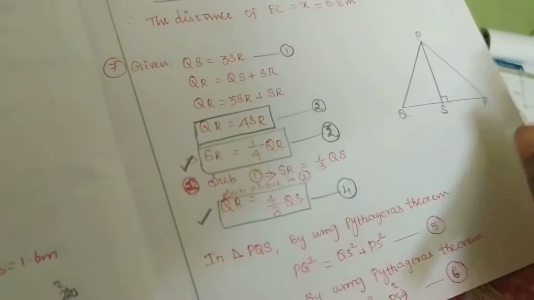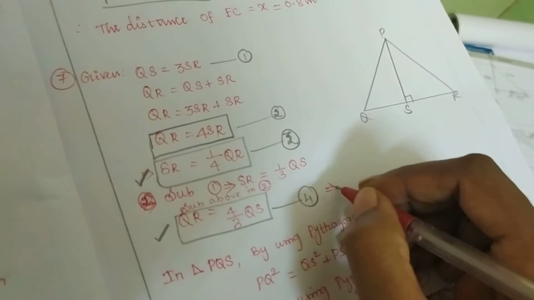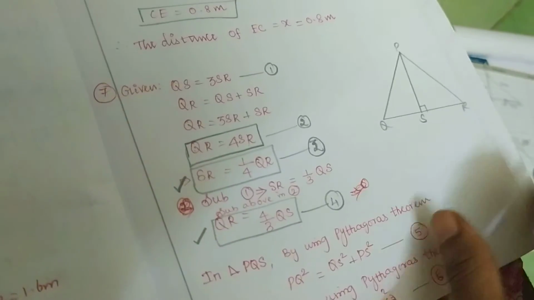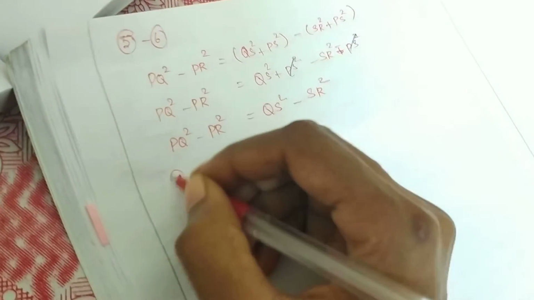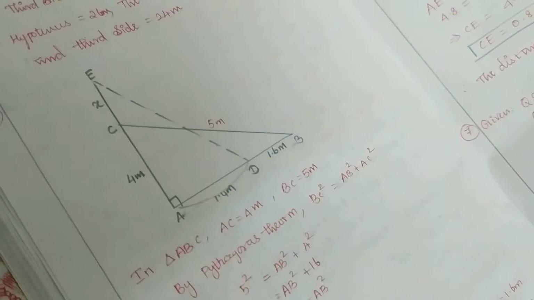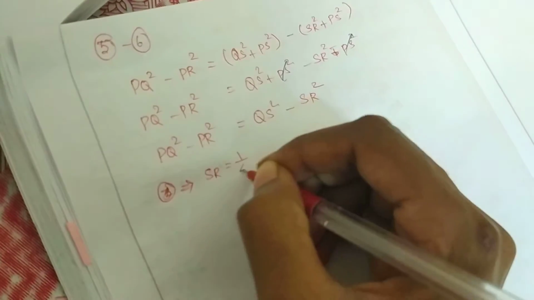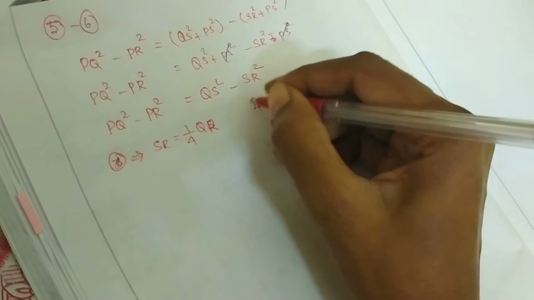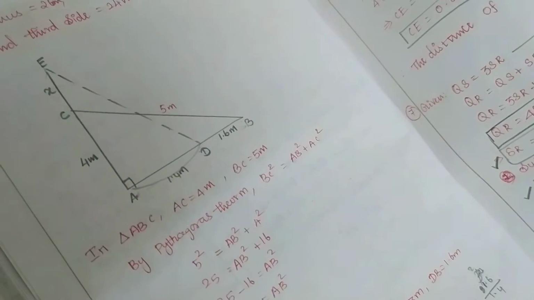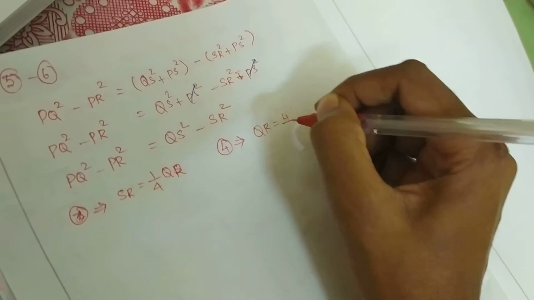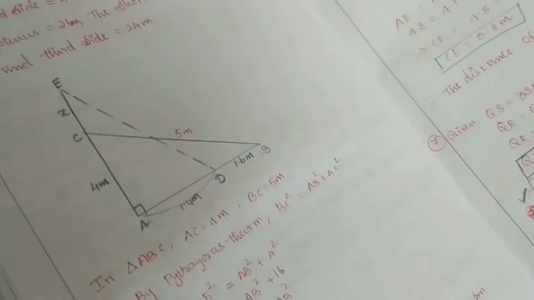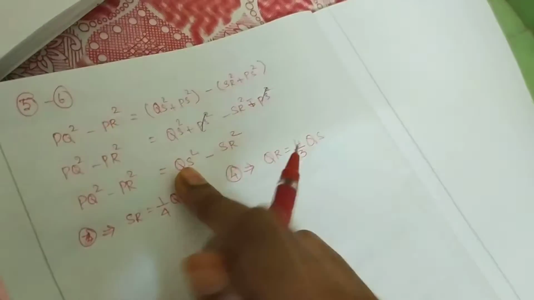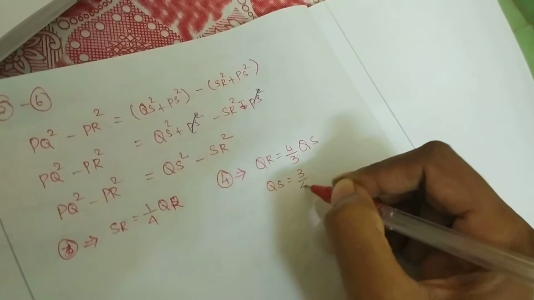QS I need, so from the fourth equation, QR equals 4 by 3 QS, so I can interchange it: QS equals 3 by 4 QR.